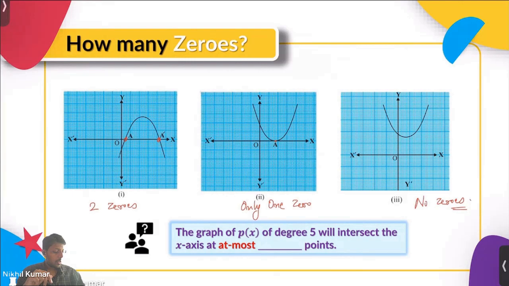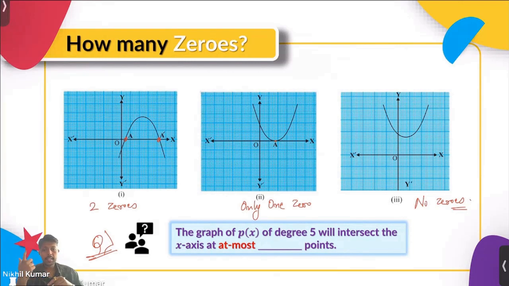All right, here's a little recap question for you. Try answering this. Let's say we have a polynomial of degree 5. It will intersect the x-axis at most how many points?